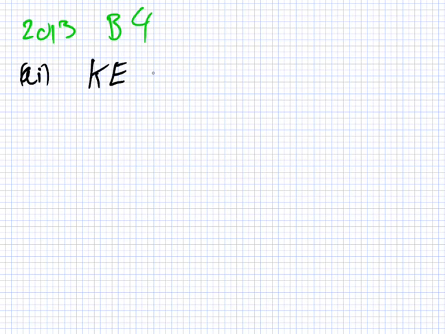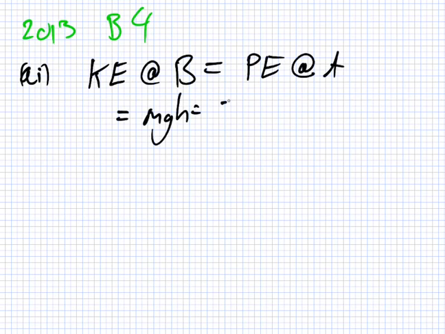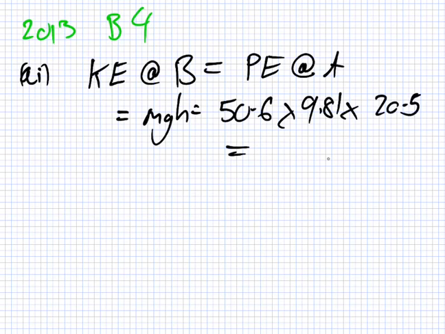B. Yeah, and in fact the kinetic energy at B will equal the potential energy at A, which is mgh, which is 50.6 times 9.81 times 20.5, which equals 10176 joules. Is that okay? Did you get that as well when you typed it in? Yep.